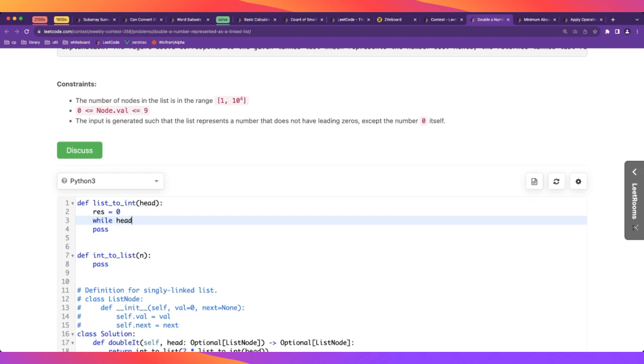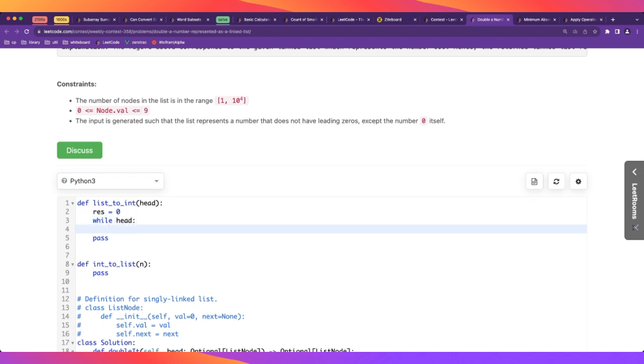And now let's implement them separately. So we want to traverse the list, which is very standard code. While the head is not None, it means that we have more elements, and we want to advance the head pointer, and we're going to keep track of the number here. It's important to notice that the order of the digits in the list is from most significant to least significant.